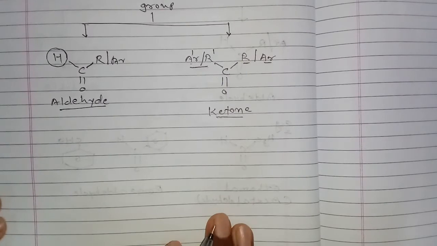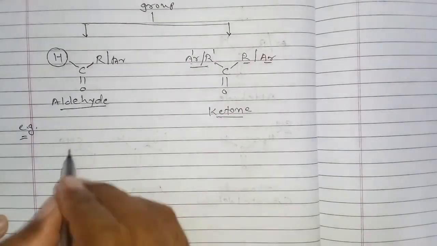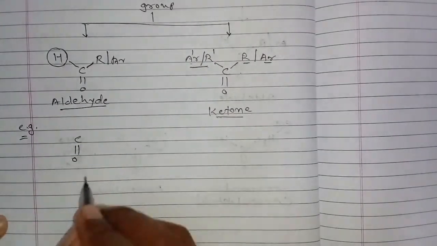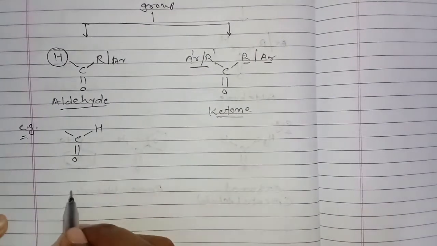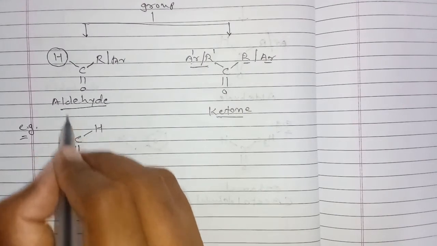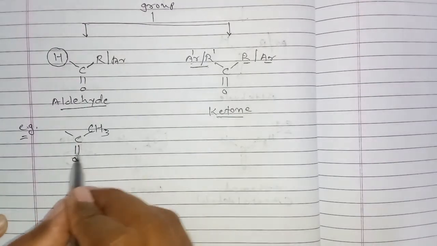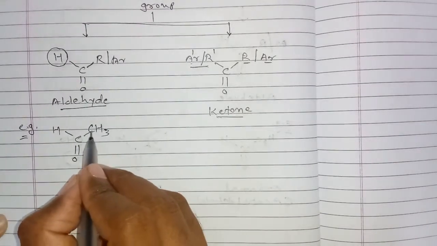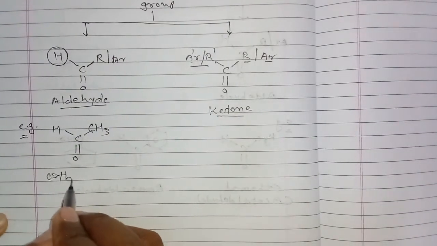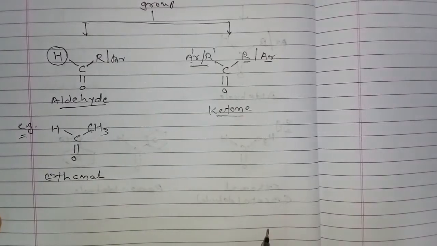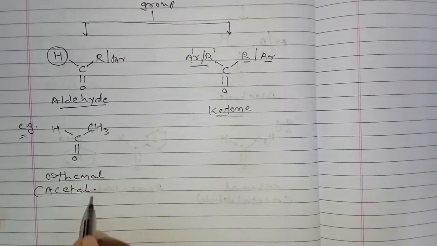Now let's see examples of aldehydes. The carbonyl group is bonded with a hydrogen atom and an alkyl group, that is methyl, and it is called CH3CHO, ethanal, or its common name is acetaldehyde.